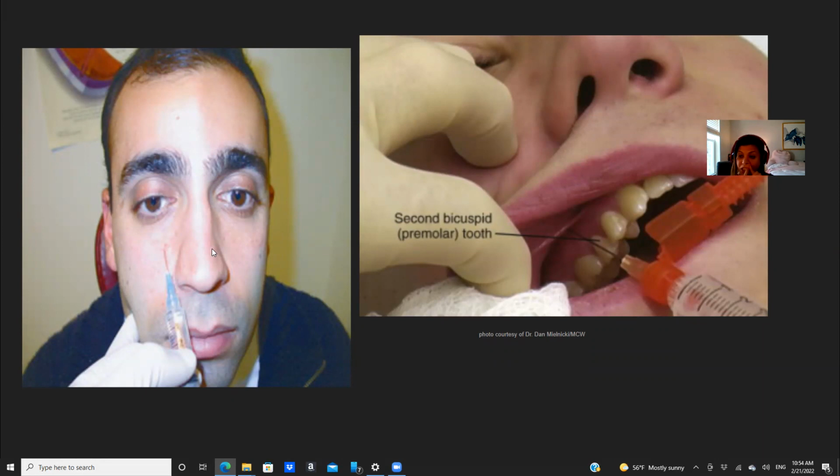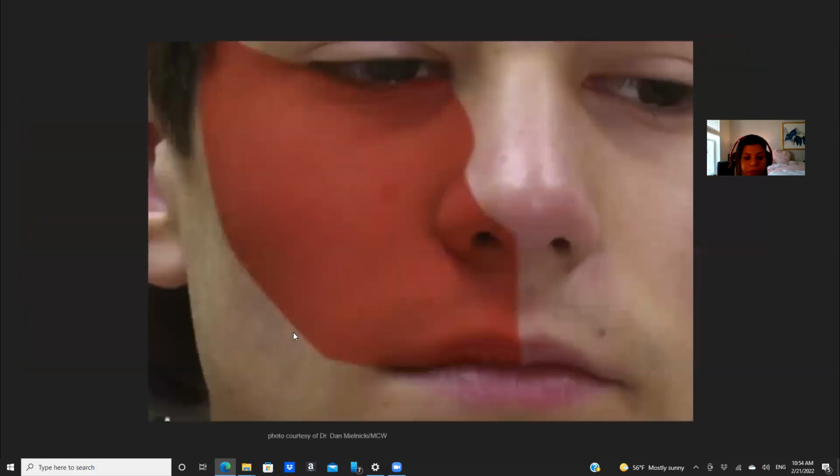The needle will be directed toward the infraorbital foramen. Patient looking forward, it's on the same line with the pupil, like this picture right here. That's the direction of the needle, upward toward the infraorbital foramen.